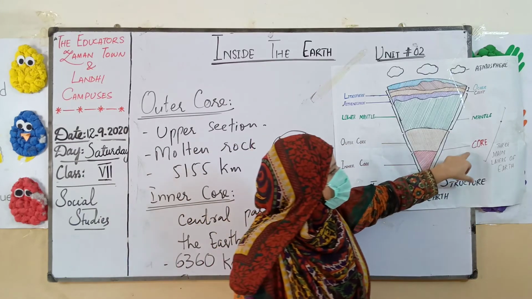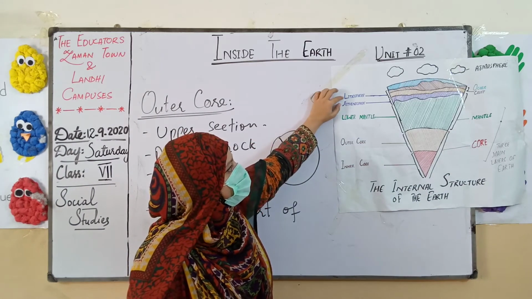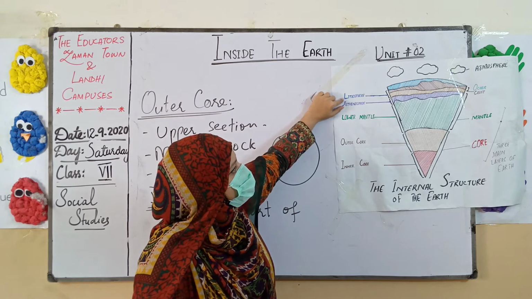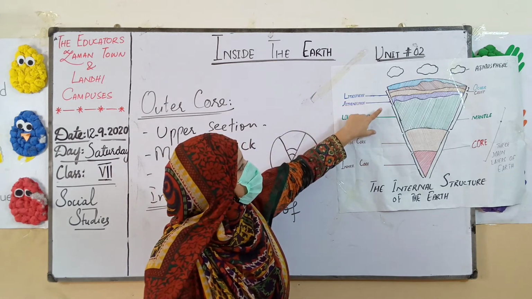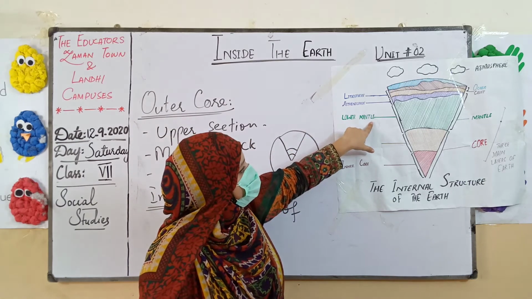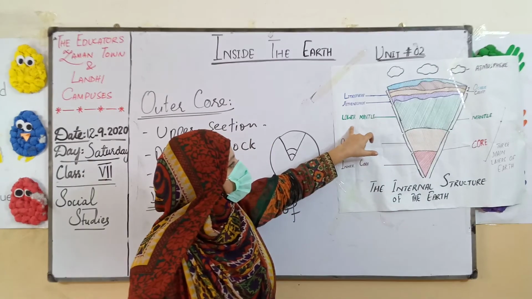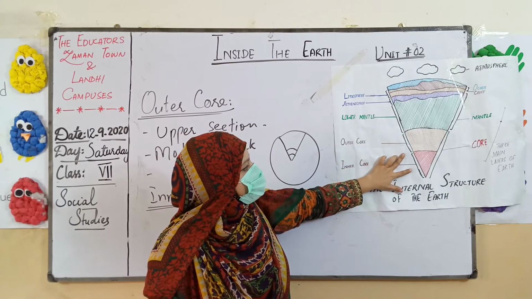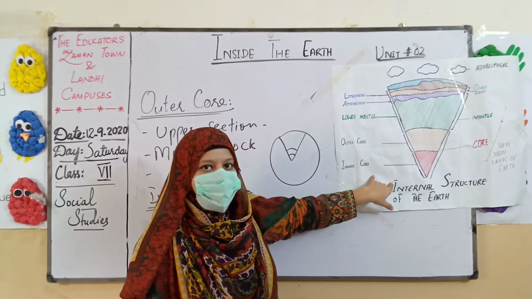The crust and the top part of the mantle combined form the lithosphere. The upper part of the mantle is known as asthenosphere. The rest of the mantle is known as lower mantle. The core is divided into 2 sections, outer core and inner core.